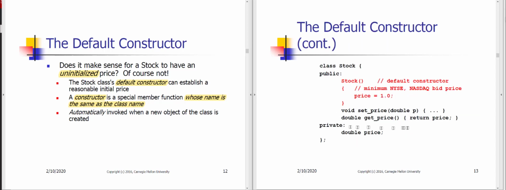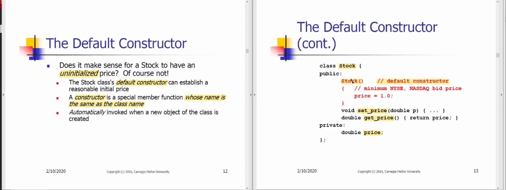All right, so here is a new and improved stock class. We still have our private price for the current stock object, and we still have the set price and get price member functions that behave in the same way as before. But now we have a default constructor.